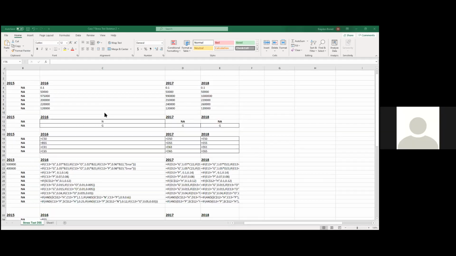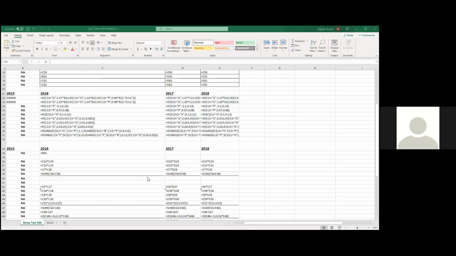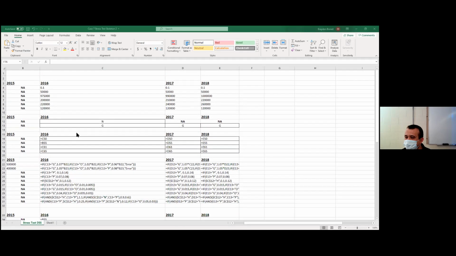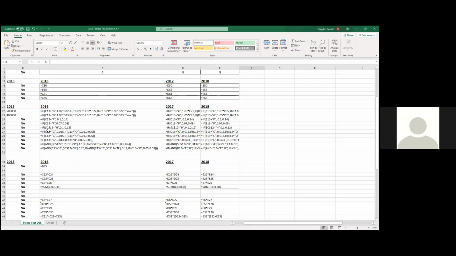I went ahead and turned all the formulas on so you can see exactly what they are. Yeah, turn the formulas on, because I'll see which values have discrepancies and I'll try to go from there.